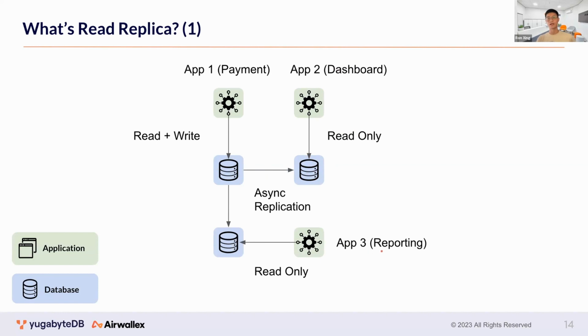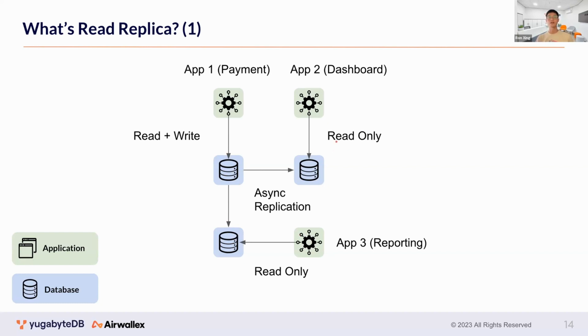You may have a third application, like reporting. Similarly, you will just asynchronously replicate the data from the original primary database to what we call the replica node, right? So this is the first use case, when you want to offload some of your read-only requests.